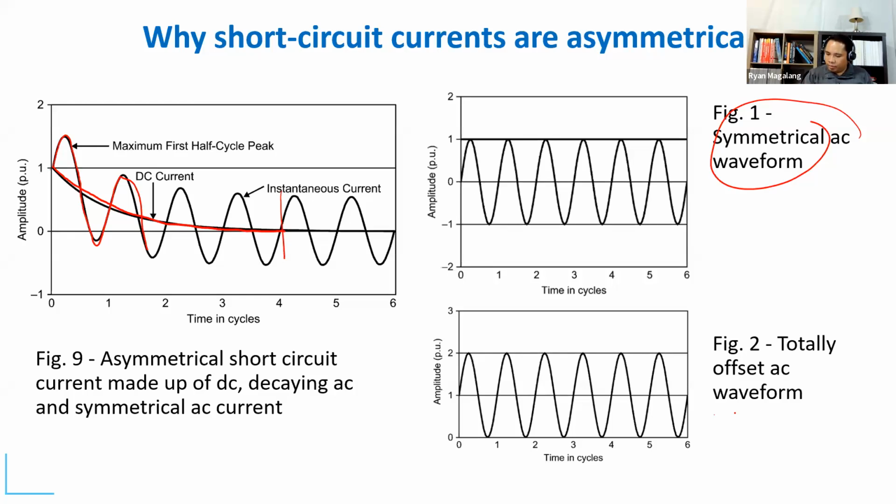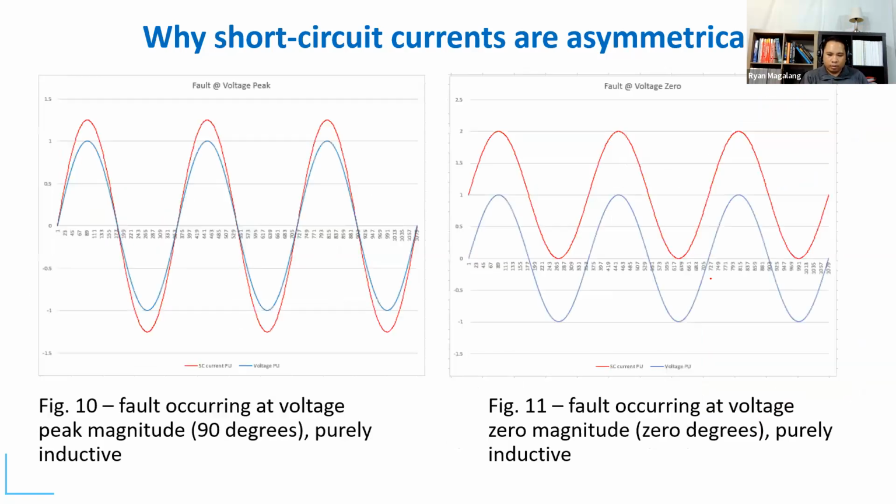I've shown it here just for context: the totally offset AC waveform. What is this? When you have a purely inductive circuit, your waveform would tend to oscillate between 0 and 2 per unit. It does not go through the negative region, just like this one.